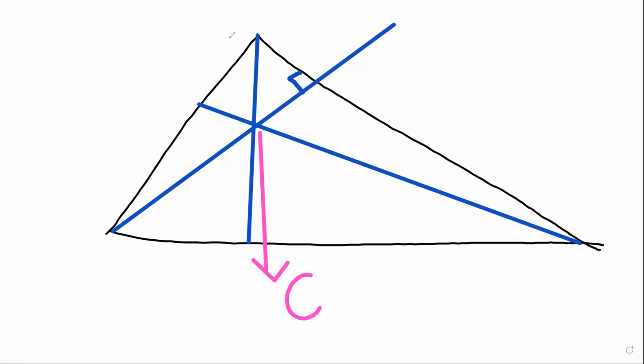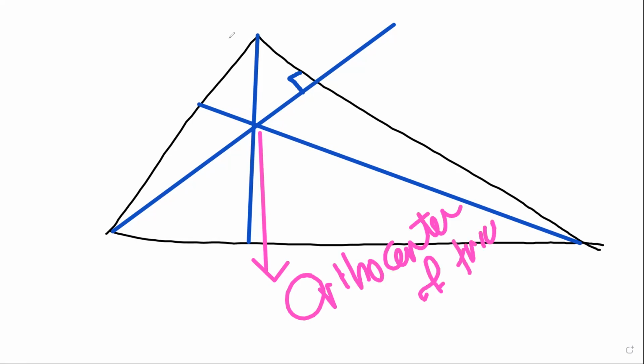This point we call the orthocenter of the triangle. So what do we name it? Orthocenter of the triangle. They start from the vertex and are perpendicular, ending at the line, perpendicular on the line, and this point we call the orthocenter.